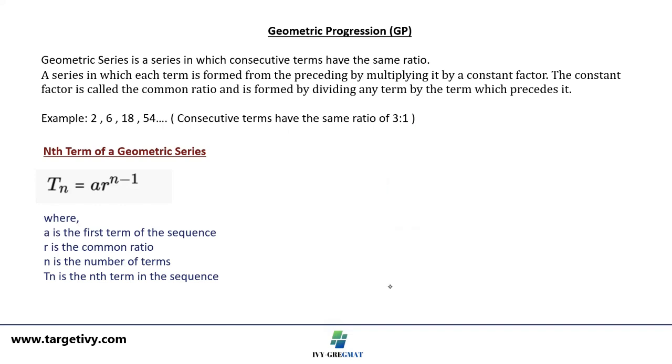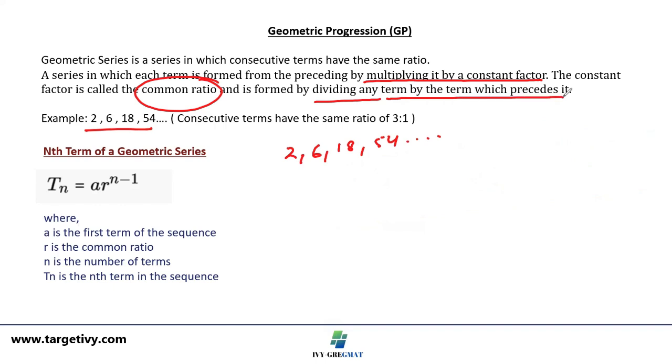Let's understand this with an example. A beautiful one: the sequence is 2, 6, 18, 54. What is it saying? Multiplying by a constant factor. This constant factor, or ratio, is formed by dividing any term by the term that precedes it.